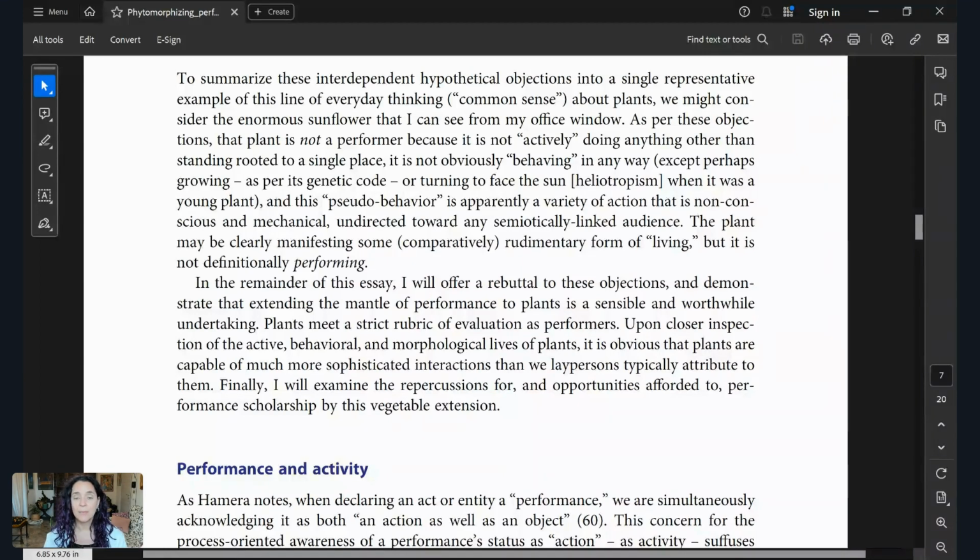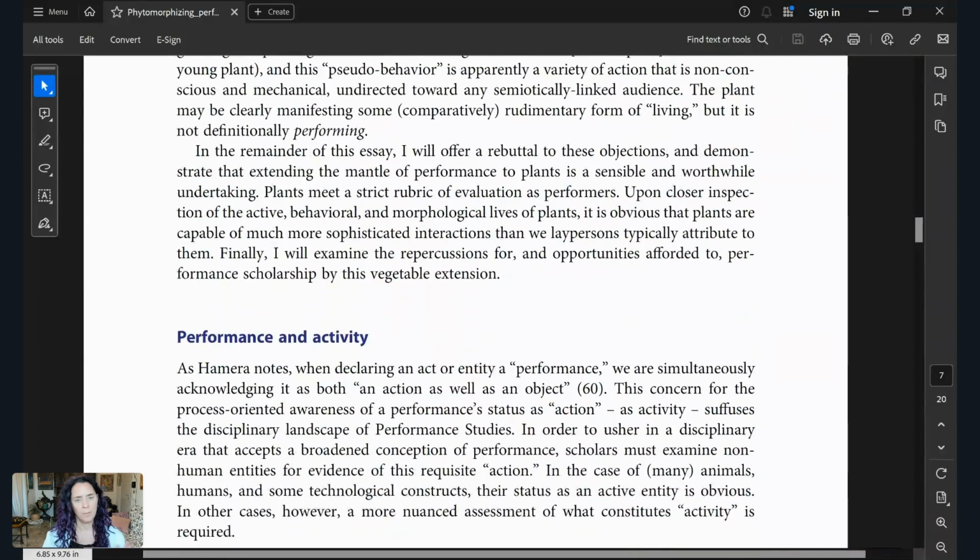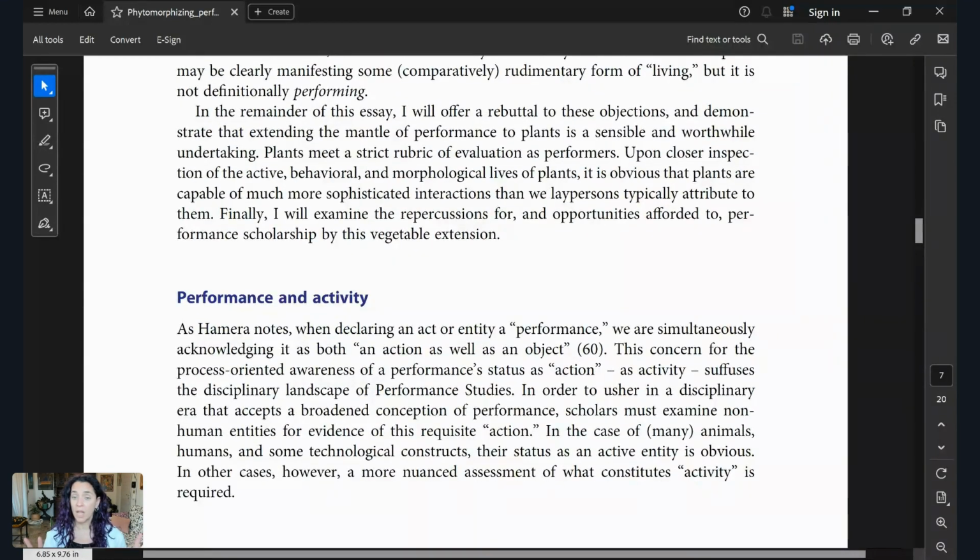Undirected toward any semiotically linked audience. The plant may be clearly manifesting some, comparatively, rudimentary form of living, but it is not definitionally performing. In the remainder of this essay, I will offer a rebuttal to these objections and demonstrate that extending the mantle of performance to plants is a sensible and worthwhile undertaking.